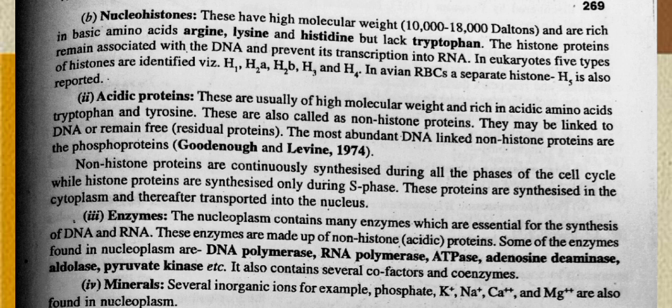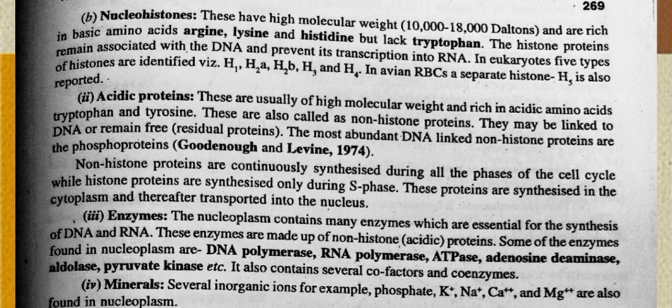Now, S phase is a subphase of the cell cycle, in interphase. During interphase, this histone protein is synthesized. These proteins are synthesized in the cytoplasm and thereafter transported into the nucleus.